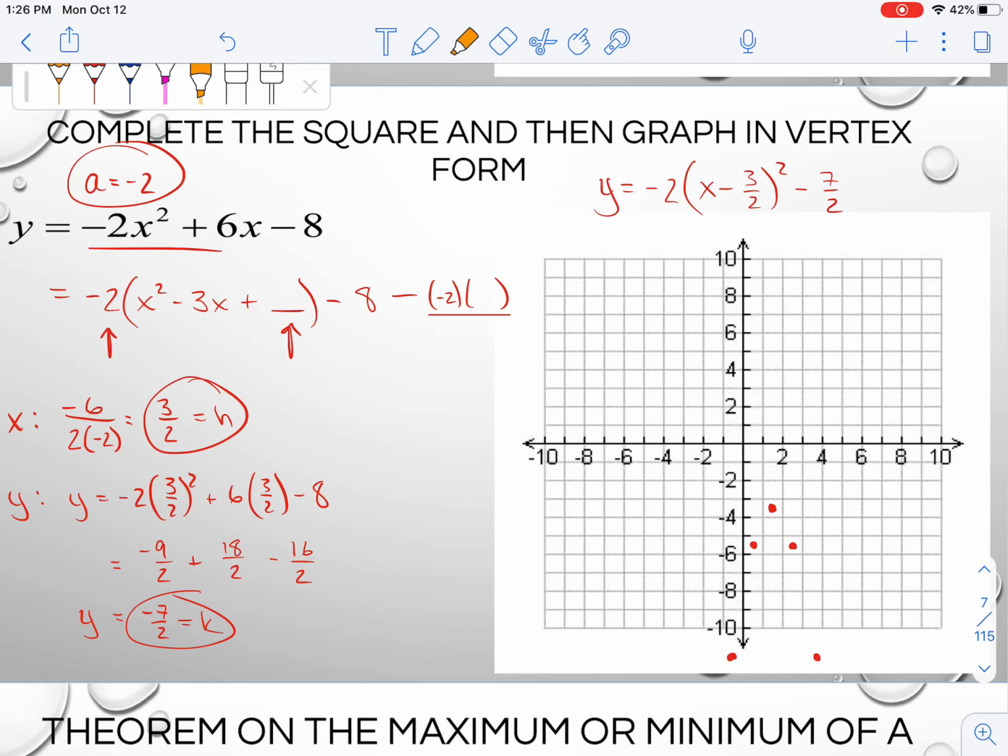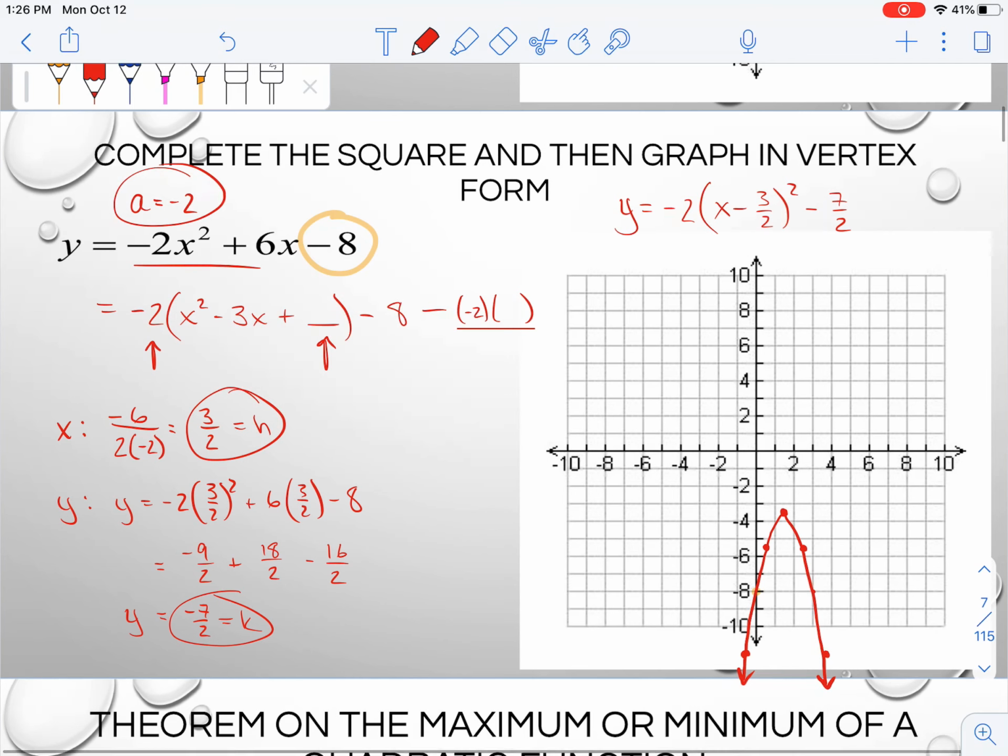I know that I should have a y-intercept at -8, so I should go through this point here as well. Right? Gives me one more point of reference as that graph. And I also then know that I have to go through a point here as well based on symmetry. So I get a graph that should look something about like this.